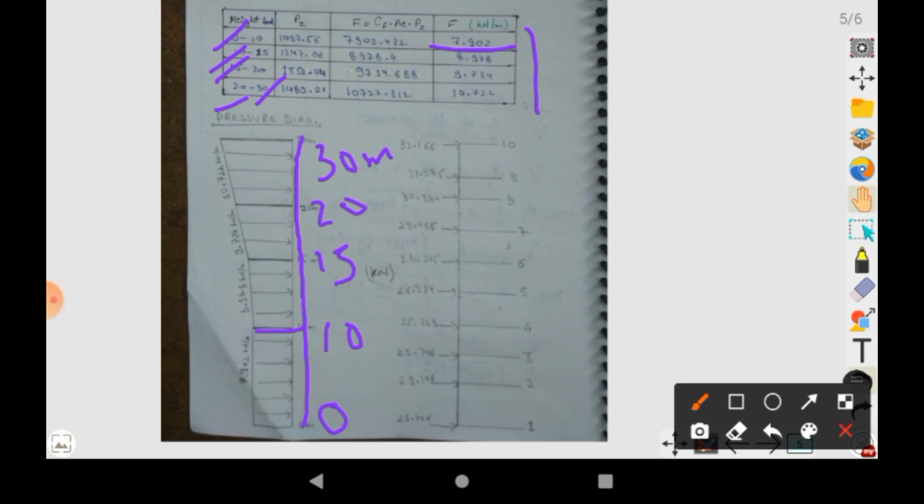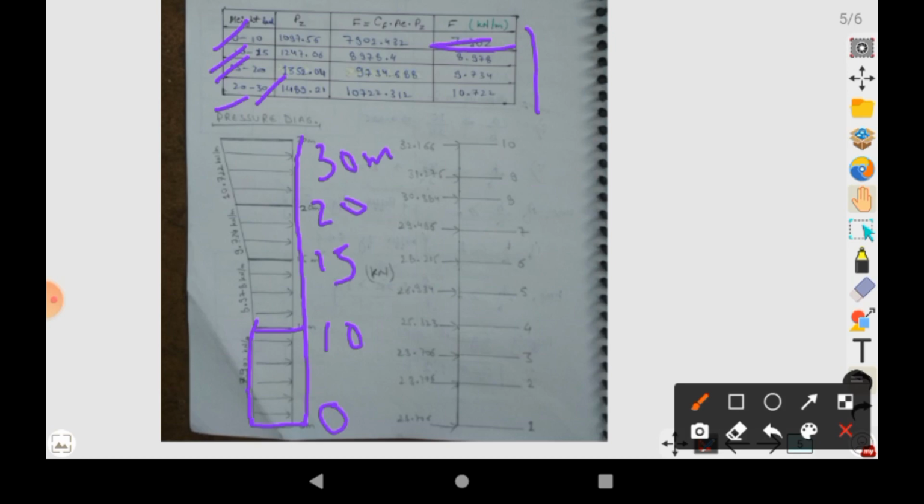Taking the scale of 7.902, you can take it as 0.7 centimeter. After marking it, try to join it, because it is a constant value up to 10 meter. For 0 to 10 meter level of height, the value is 7.902.